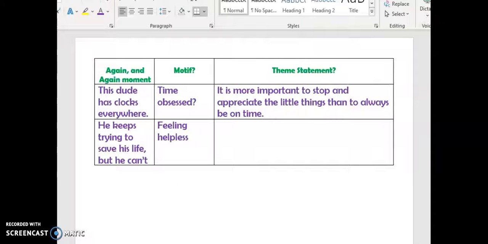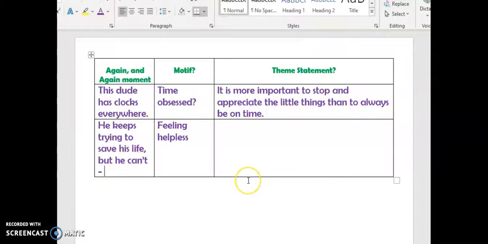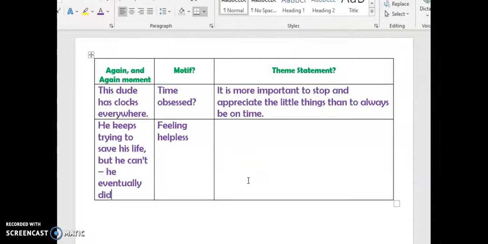So, okay, he keeps trying to save his life, but he can't. Well, that isn't really true anymore. Actually, he couldn't until he tried a lot of times. He eventually did.